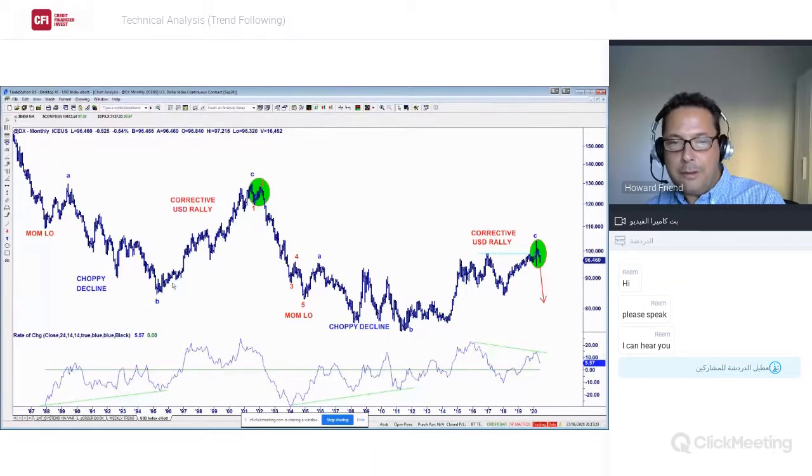We saw the momentum divergence here in the low, and then the rally from 2011 is basically just the C leg of the correction within the bear market. Recent price action on the dollar, we've seen a big reversal here, a lot of bearish divergence on the momentum oscillators, a nice trap, failure above the previous high, and it looks to me like we're about to enter a big decline in the value of the dollar.